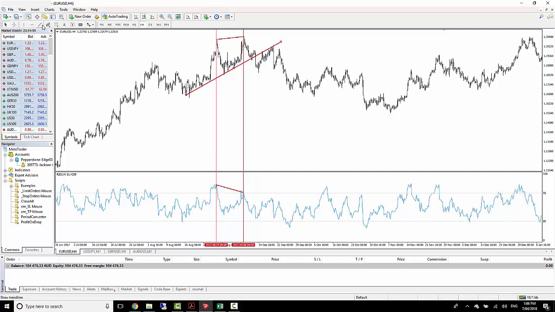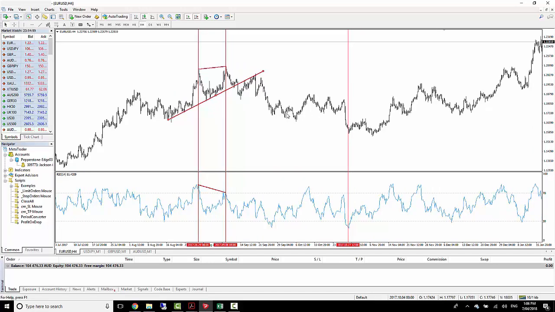Here is another good one on the downtrend side. We've even got it back here, but let's look at it just here. We've got two lower lows, each slightly lower than the previous.